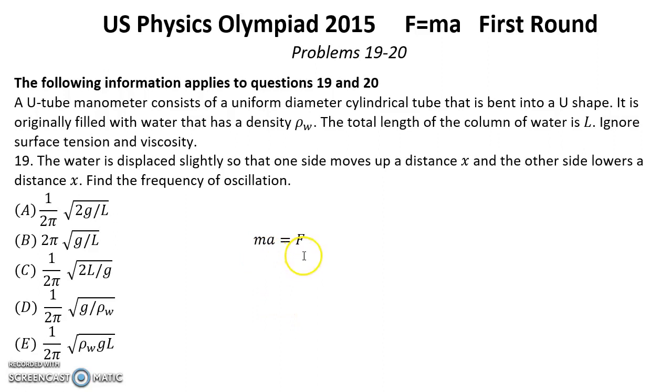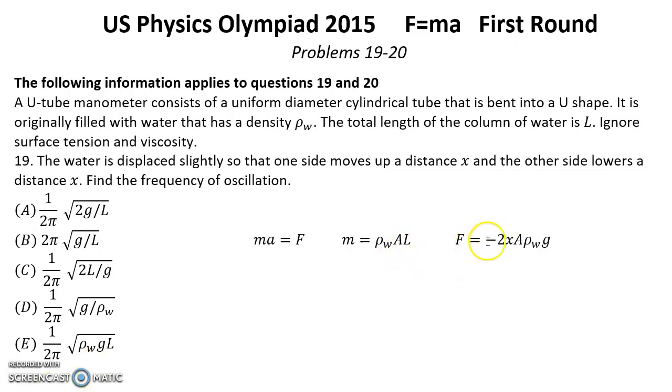This is the regular Newton equation. M is the mass of this water in a U tube, and F is a restoring force. Mass equal density of water multiplied by volume, which is cross-sectional area A multiplied by length L.